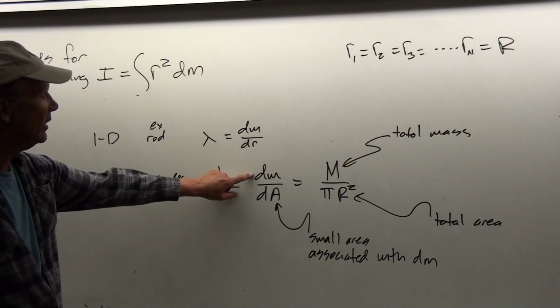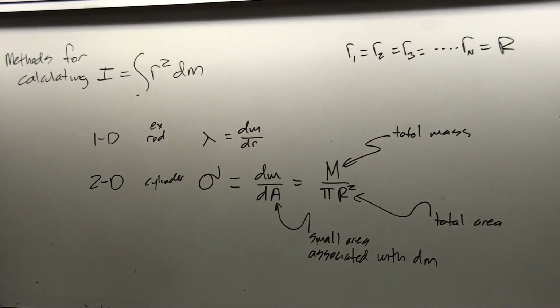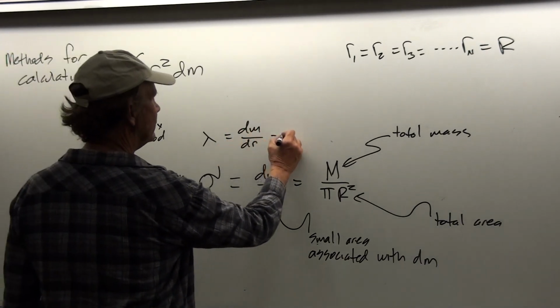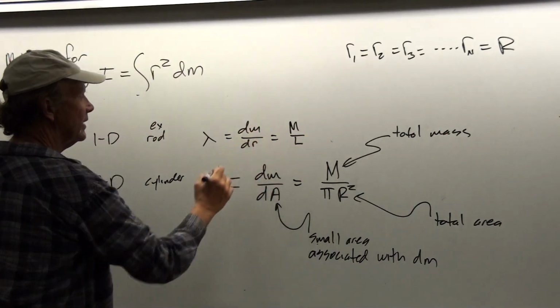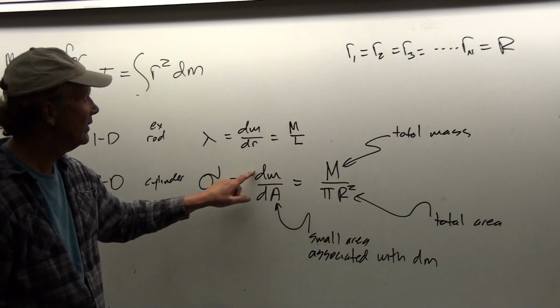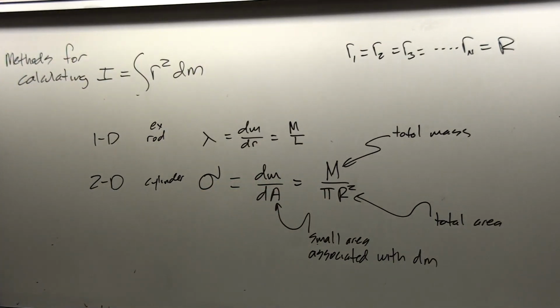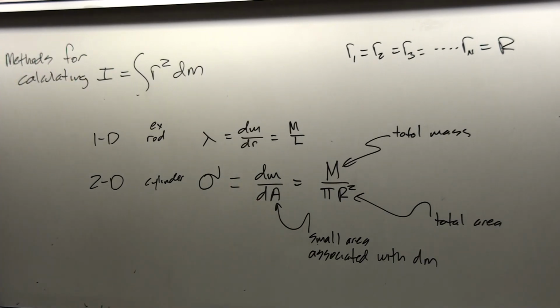But we want it to also be equal to a little tiny bit of mass divided by a little tiny bit of area. And so that's similar to what we did here. Remember, this was equal to either total mass divided by total length, or dm dr, or dm dl. Here, total mass over total area, or dm dA. So the question is then, how do we write a little bit of d area for a cylinder?